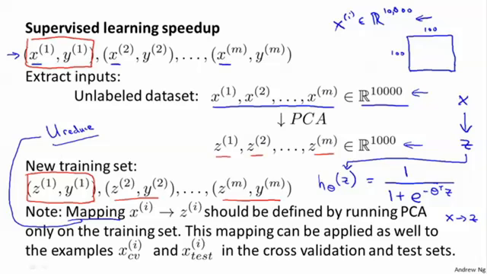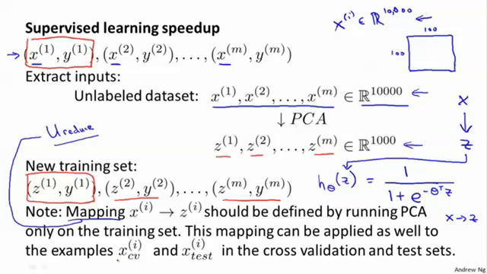So these things, the U reduce and so on, should be obtained by running PCA only on your training set. Having found U reduce, or the parameters for feature scaling, the mean normalization and the scale that you divide the features by to get them onto comparable scales, having found all those parameters on the training set, you can then apply the same mapping to other examples that may be in your cross-validation set or in your test set.